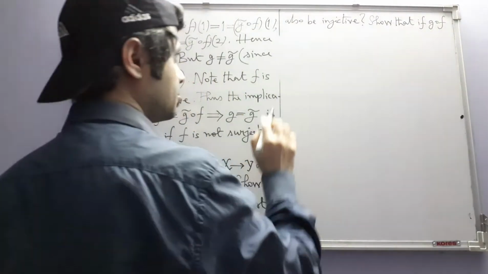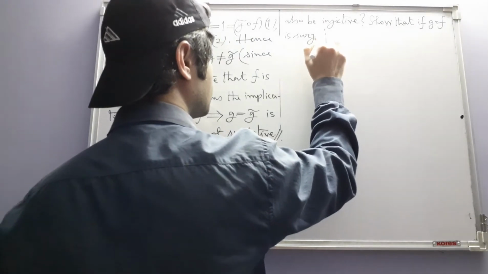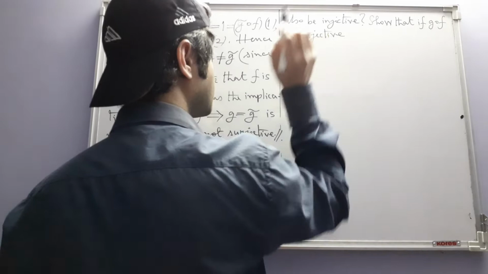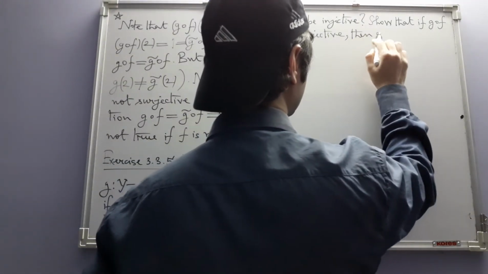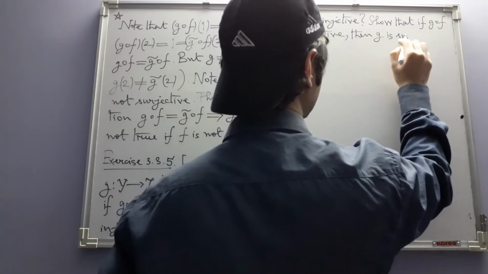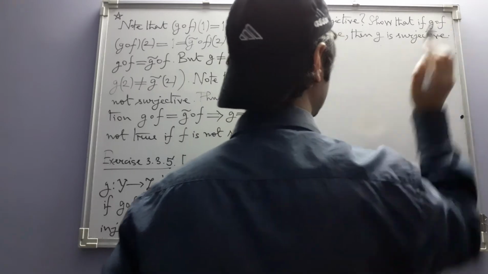Show that if g composition f is surjective, then g is surjective.